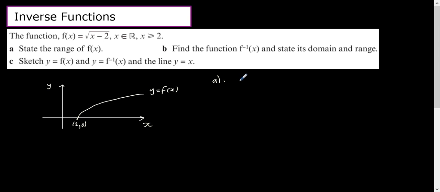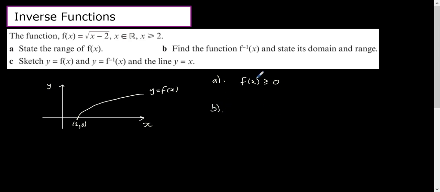So we've got f of x is greater than or equal to 0. Now, why is it greater than or equal to 0? Well, we look at the domain for this. x can be greater than or equal to 2. If x is equal to 2, then 2 minus 2 is 0, and the square root of 0 is 0. So f of x can actually be 0.